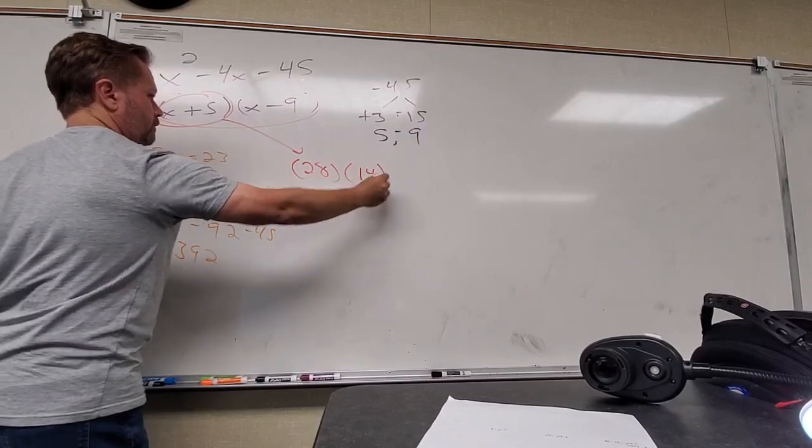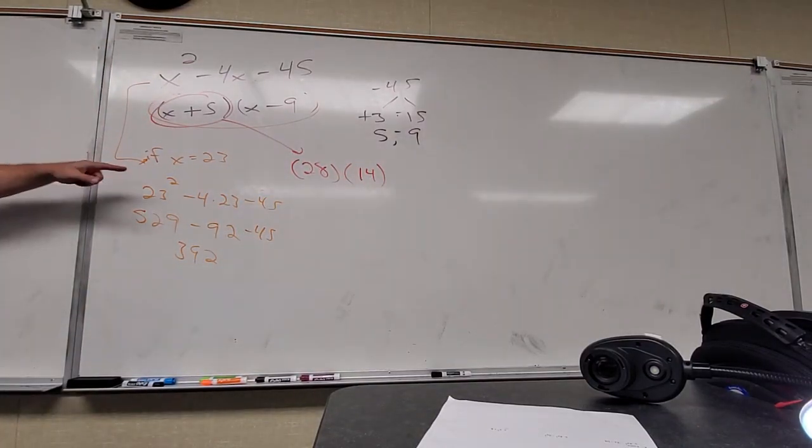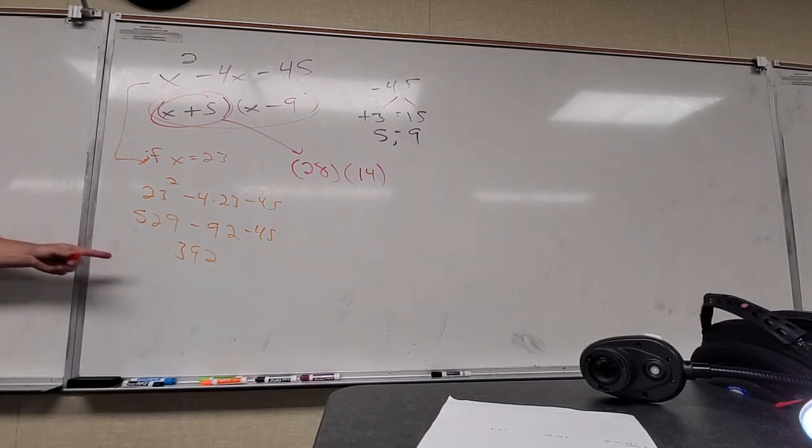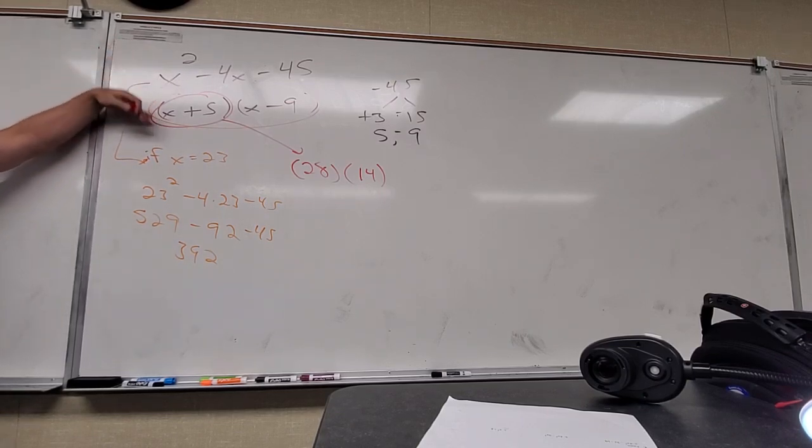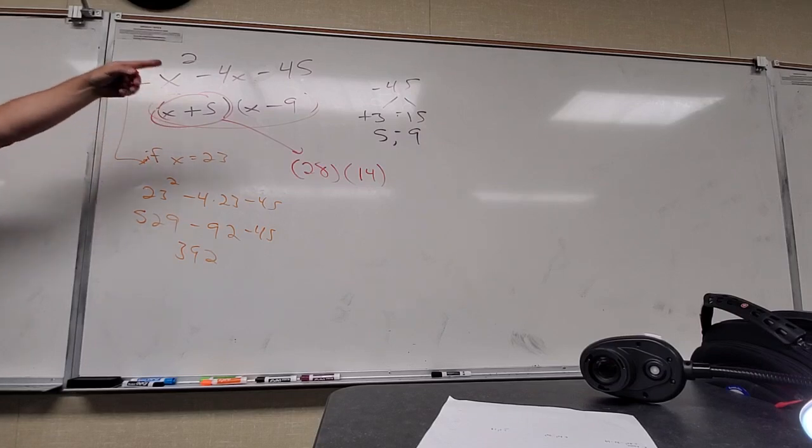That's right, kids, 14. What is 28 times 14? Does everybody have a calculator? 392. Of course it is, because these are the same number. This is the number before it's factored. This is the number after. Whatever you pick for x.